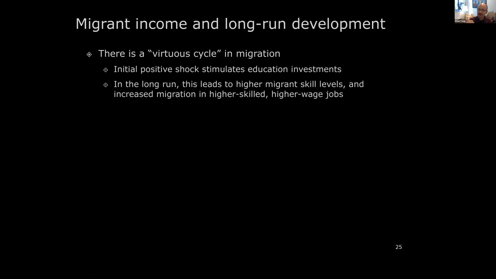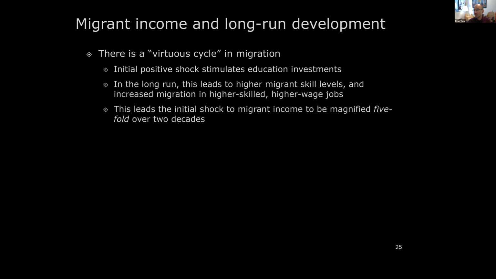And that then seems to lead to higher skill levels of migrants. We can actually see in the unusual data we have that the migrants themselves have higher levels of skill. They're more likely to be college graduates, for example. And they are migrating more in higher skilled, higher wage jobs. They're more likely to migrate as professionals, quote unquote, in higher skilled occupations than in low skilled service jobs.